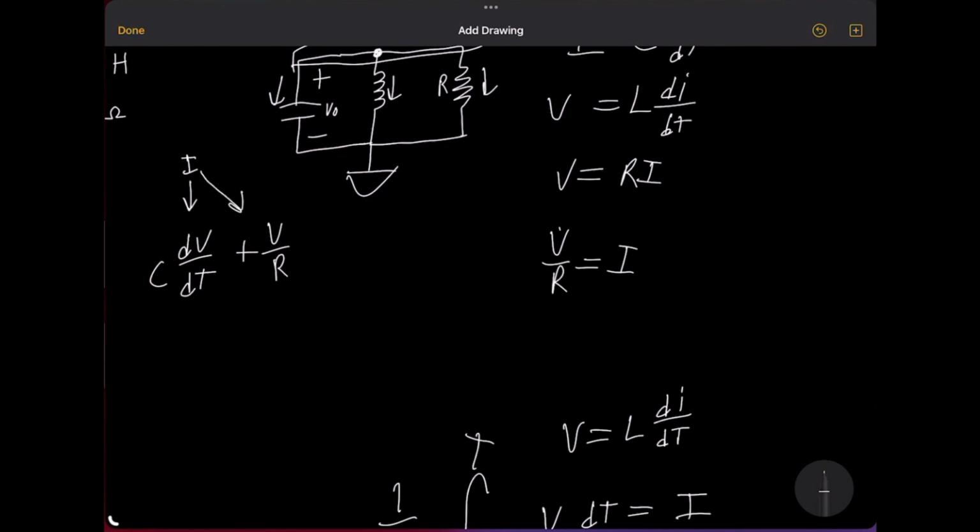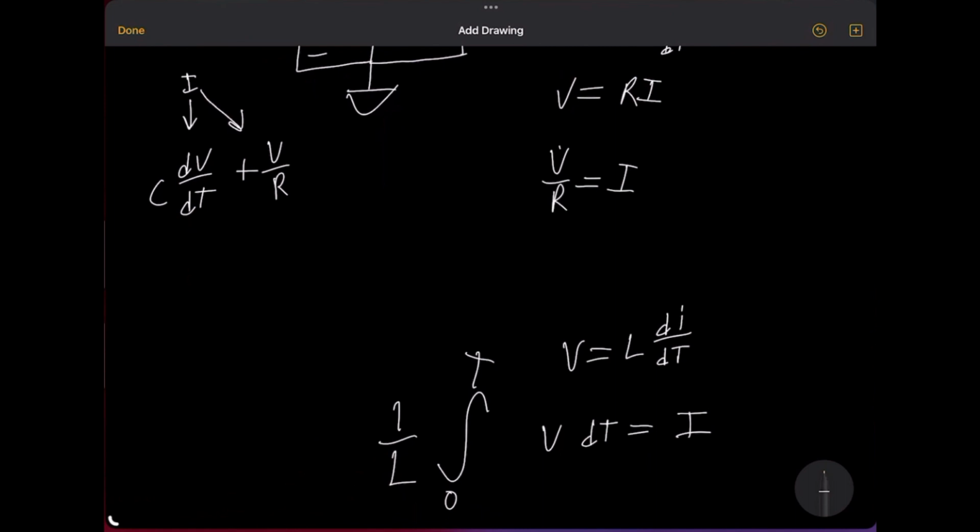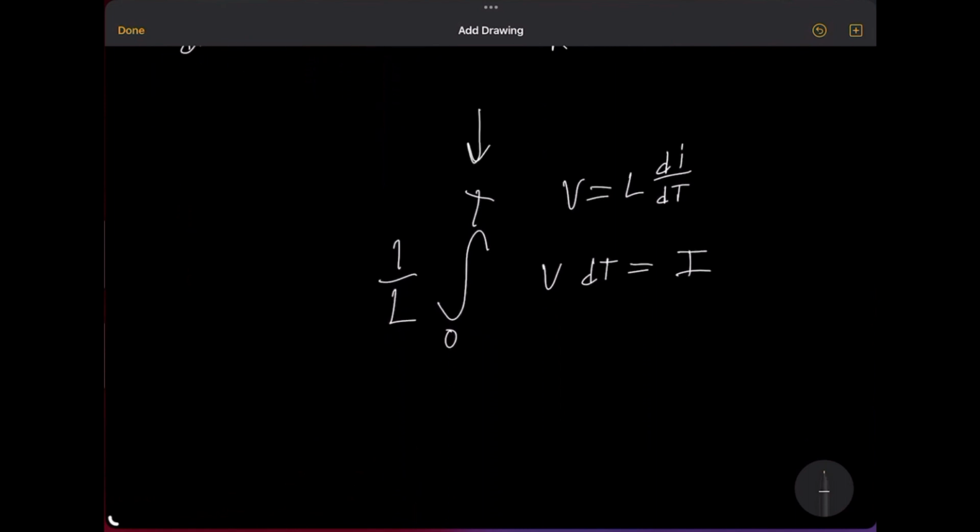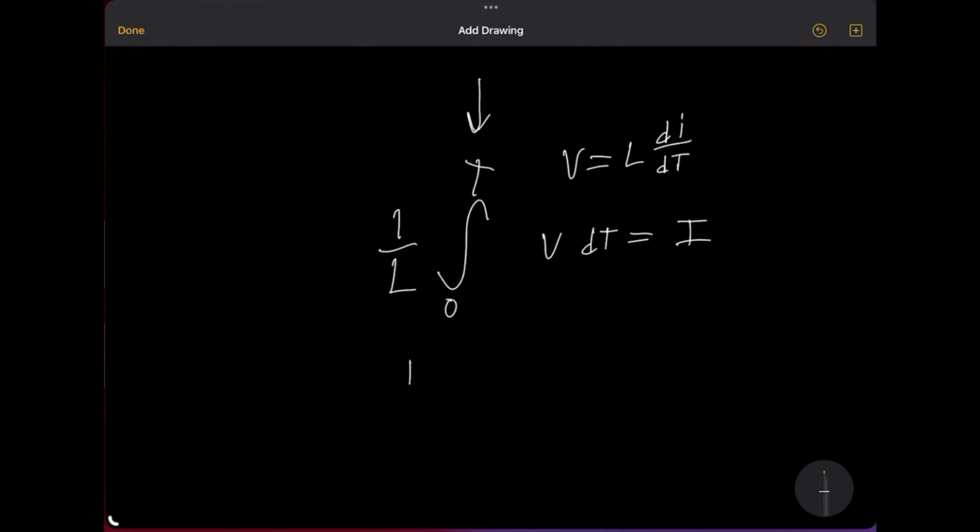Now, we're going to grab the first derivative of everything for this expression because this is a second order circuit. We need the highest derivative to be second order. So if we grab the derivative of everything, we can get rid of this integral, and we're left with 1 over L.